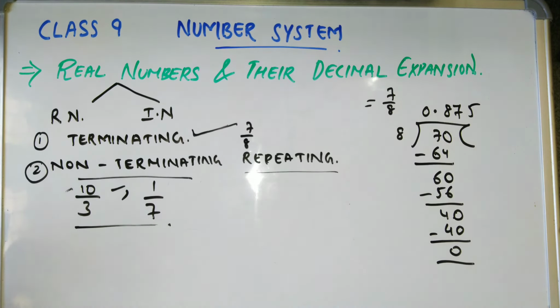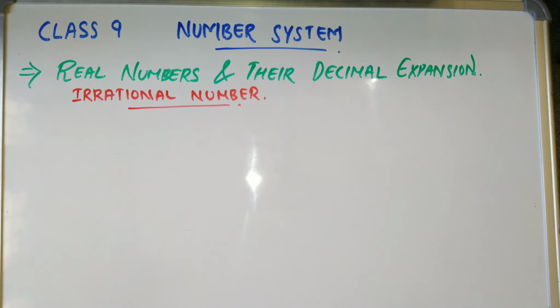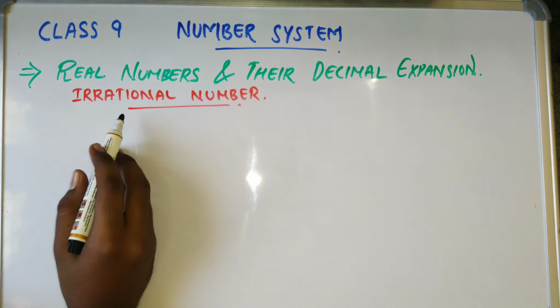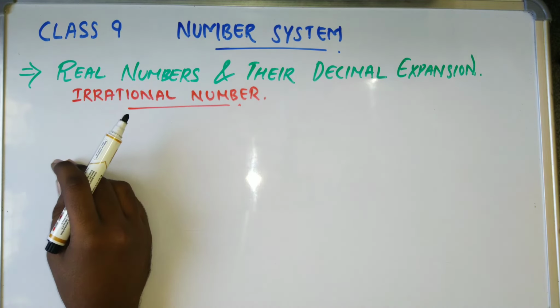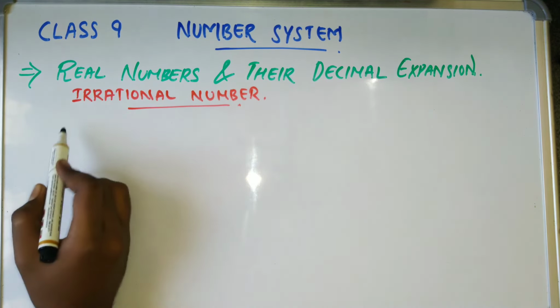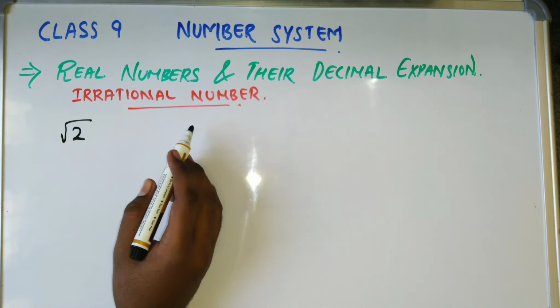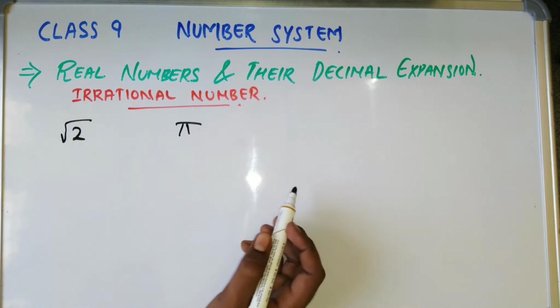Okay, so let us talk about the decimal expansion of an irrational number. An irrational number is one which cannot be written in the form p by q. We have the example root 2, and we can take one more example, pi.